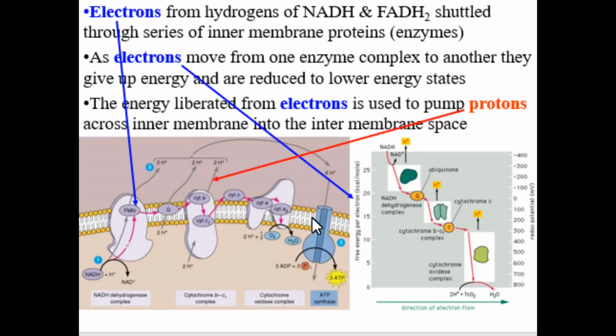So if you look in this figure, each one of these little H pluses, the gray lines, are being pumped through these enzymes, and they're showing up on the outside of this inner mitochondrial membrane. So you have 2H plus, 2H plus, 2H plus, 6H plus over here. These are building up as they're being transported.